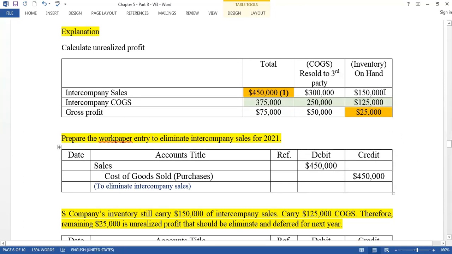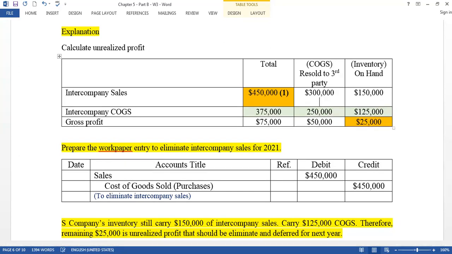So if you sell, it includes cost plus profit. So what is the cost? Cost is 250 and profit is 50.